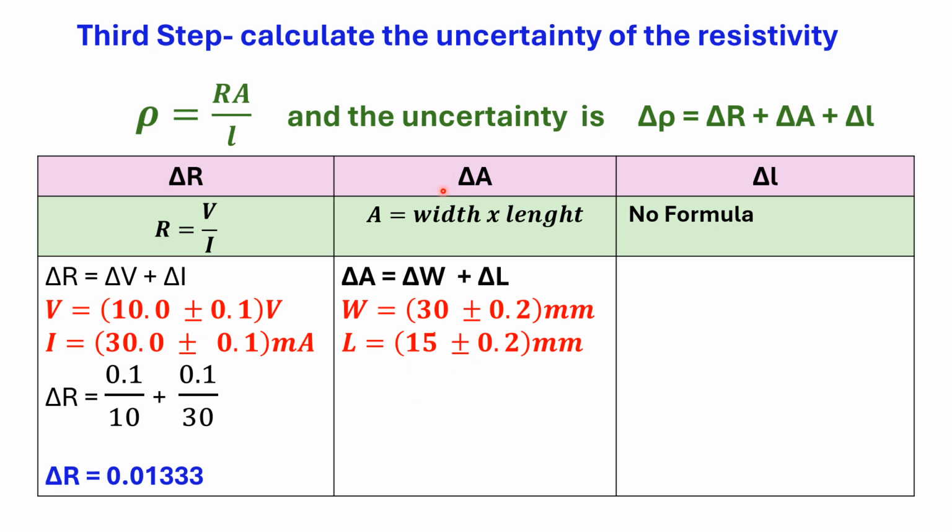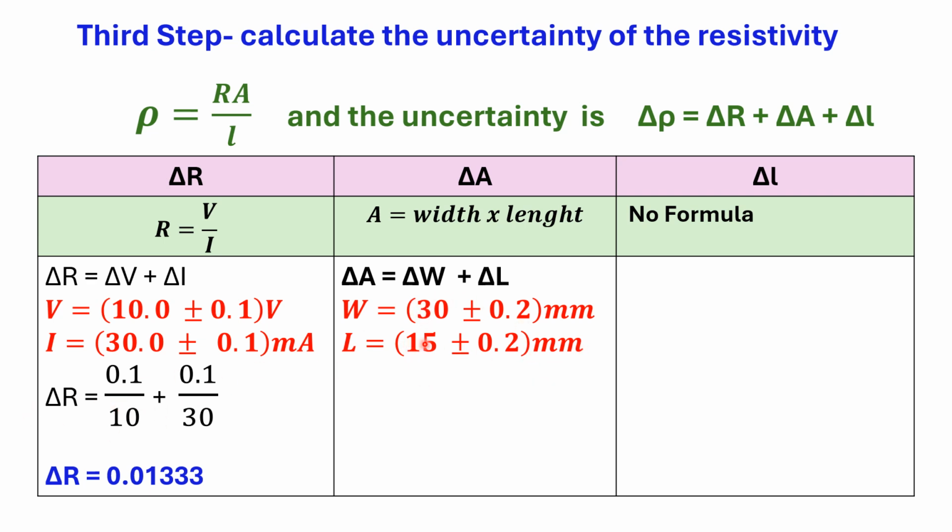Now let's work for area. So area is width times length. So here we have the width 30 plus minus 0.2 mm. So this uncertainty was provided in the question. And the length, likewise, 15 plus minus 0.2 mm. So we do the same that we did for the resistance.